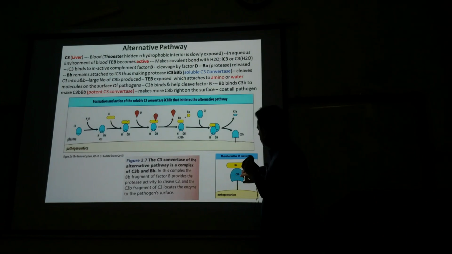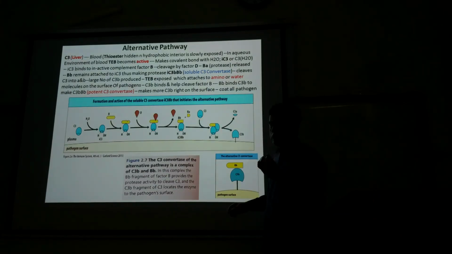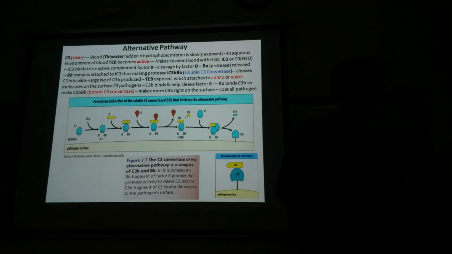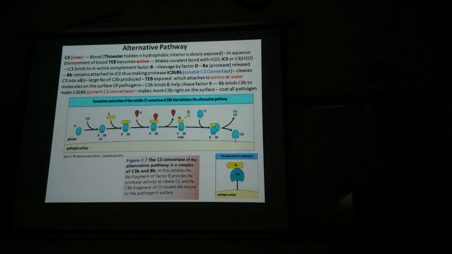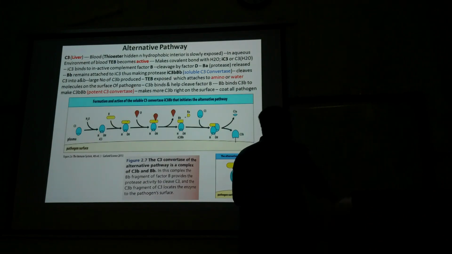So in this structure, if you see, this is C3b, which has been fixed to the surface of the pathogen right here. Now it is bound with Bb, another factor here. So Bb actually is playing the enzymatic function. The later repertoire of events that are going to unfold is because of the Bb, or the bigger part of factor B, which is bound here.